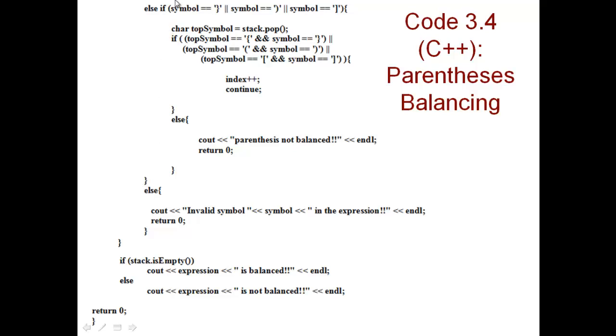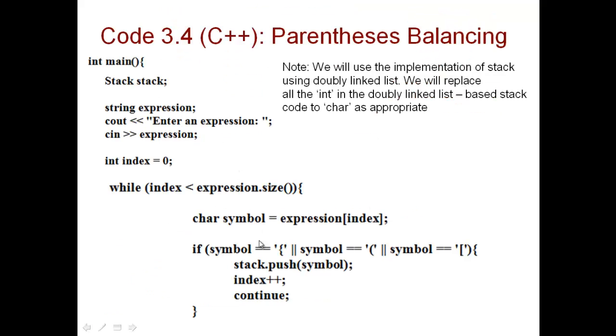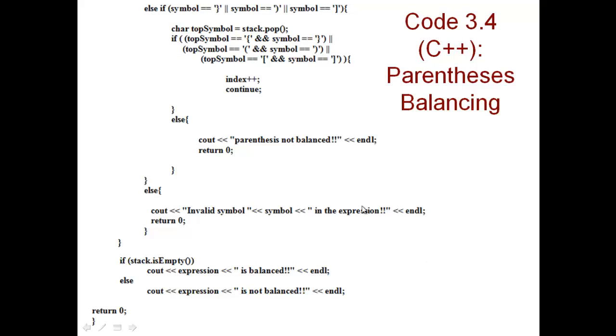This else means we have not seen any open parenthesis symbols or any closing parenthesis symbols. So else means that the symbol that is part of the expression is an invalid symbol. It's not any of the six symbols, none of the three open parenthesis symbols or the three closing parenthesis symbols. So that's when you come to this else block, and again you say the expression has an invalid symbol and stop the program right there. You don't need to scan the rest of the string.